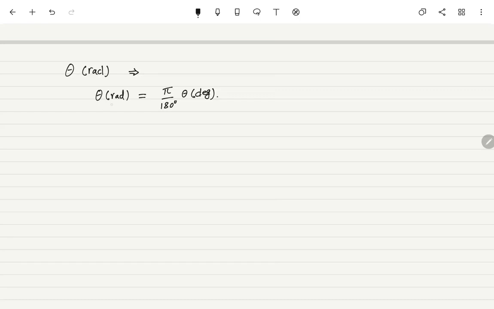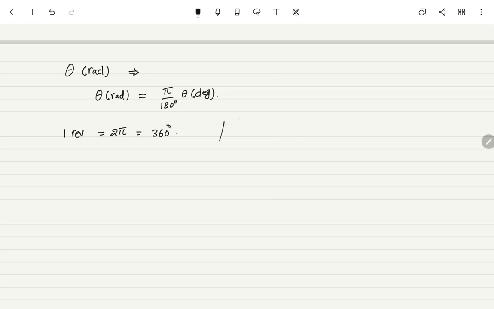Now, since theta is in radians, the angular speed is measured in radians per second, or other units for angular speed such as revolutions per second or revolutions per minute. In such a way, one revolution equals 2 pi, which equals 360 degrees.